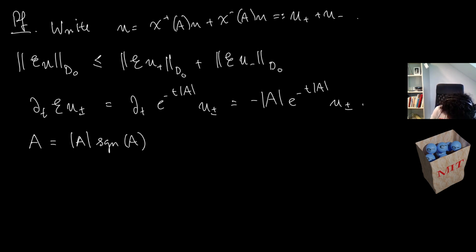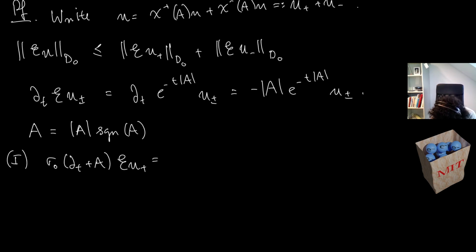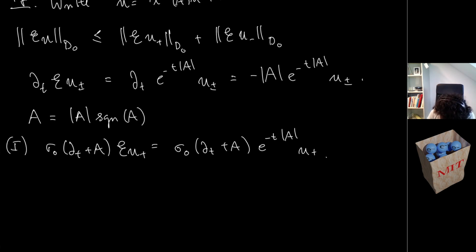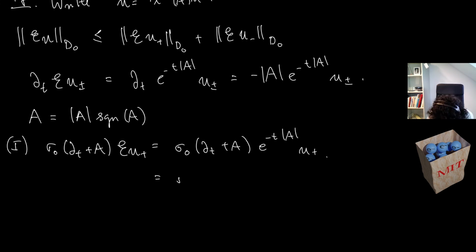Okay, so why do I want to know this? Because then I'm going to write the following. Now sigma naught partial t plus a of e to the minus t. I'm going to look at the first expression here, so this is eu plus. This eu plus is equal to sigma naught partial t plus a e to the minus t modulus a u plus. And so this is equal to sigma naught, and now we had the modulus a e to the minus t a u plus.